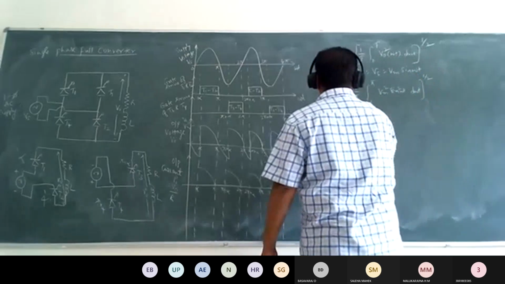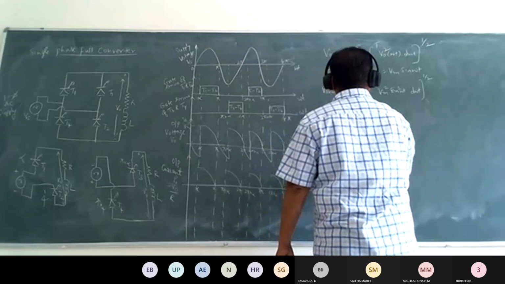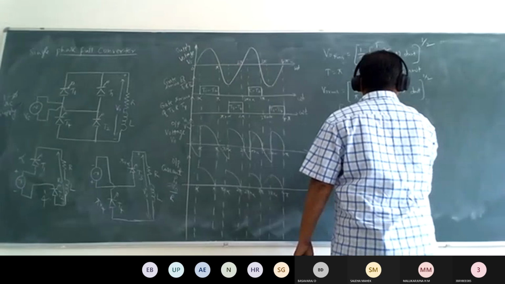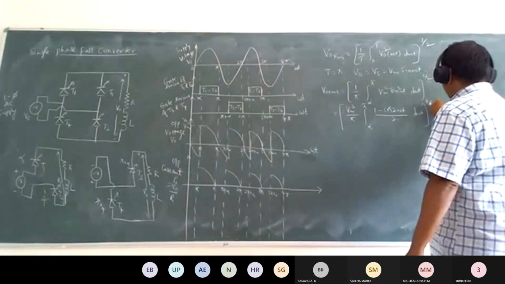Then this will be equal to Vm square divided by pi integral from alpha to pi of 1 minus cos 2 omega t divided by 2 d omega t.